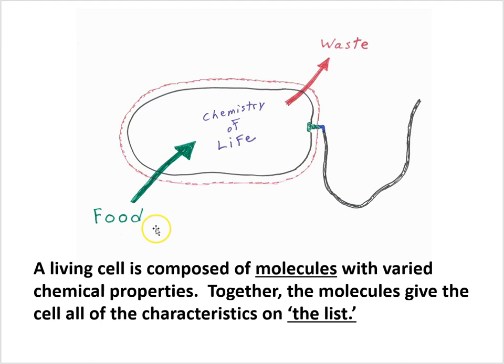So a living cell is composed of molecules with varied chemical properties. Together, the molecules give the cell all of the characteristics on the list. So you see, this diagram of a bacteria is empty. We're just saying chemistry of life. But what it is that's doing the chemistry are lots of molecules in the water that is the cytoplasm of the cell.